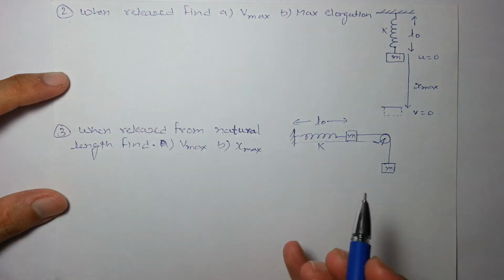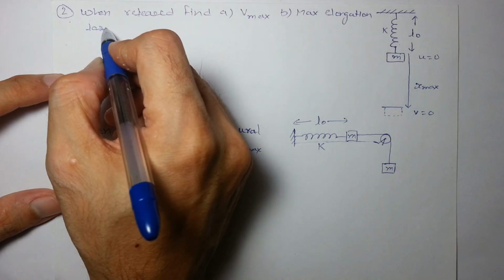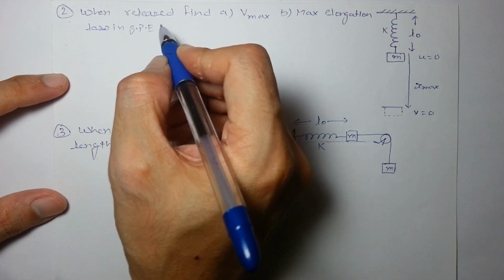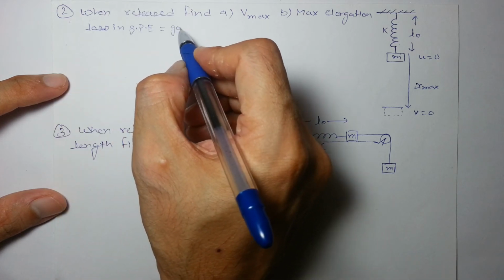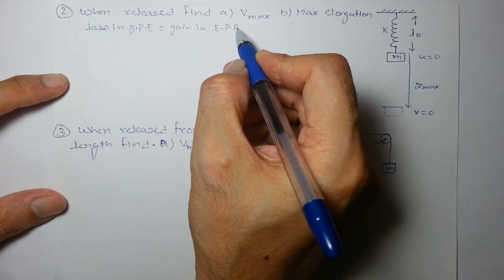So what kind of loss and gain are taking place? Loss in GP, gravitational potential energy, is basically converted to gain in EP, elastic potential energy.